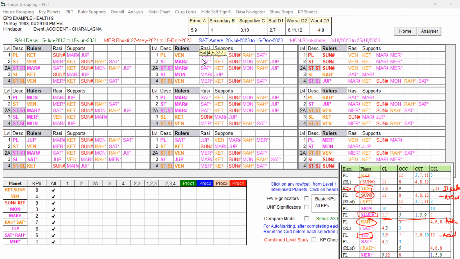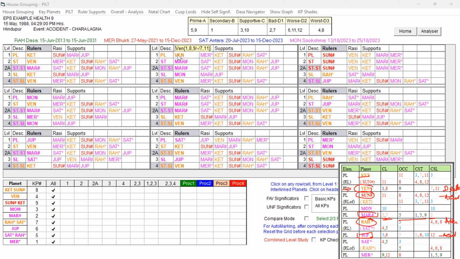So you can see at the star level and sub level, it is not having our unfavorable Rahu or Jupiter or Sun in its rulers, but they are all present in supports. But Mars is a mixed planet on the unfavorable side, that can indicate weakness to the Lagna.